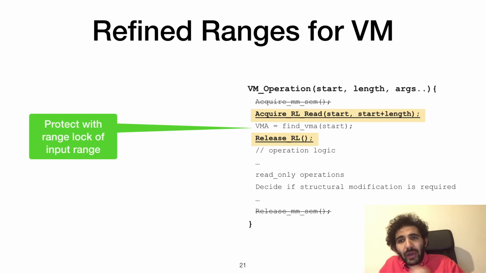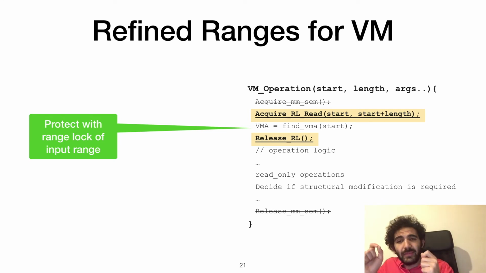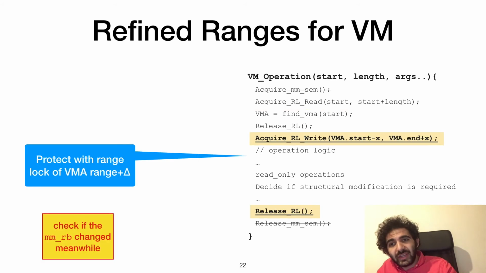What we do in our speculative approach is we no longer use the read-write semaphore, but rather we first protect the find VMA operation with a read range lock defined over the input range. Once we find the VMA of interest, we drop this range and acquire a new update range lock, of course if this is an update operation, that covers the whole boundaries of the VMA.